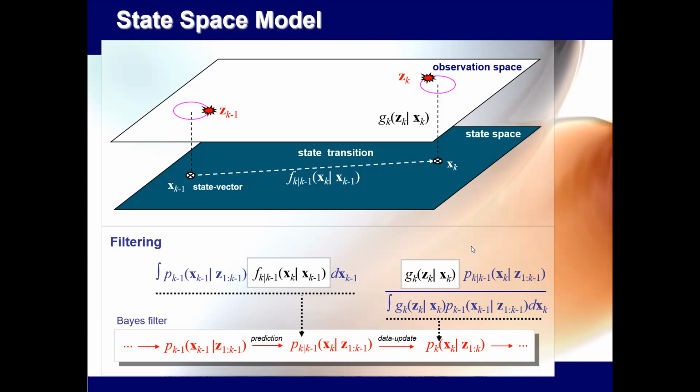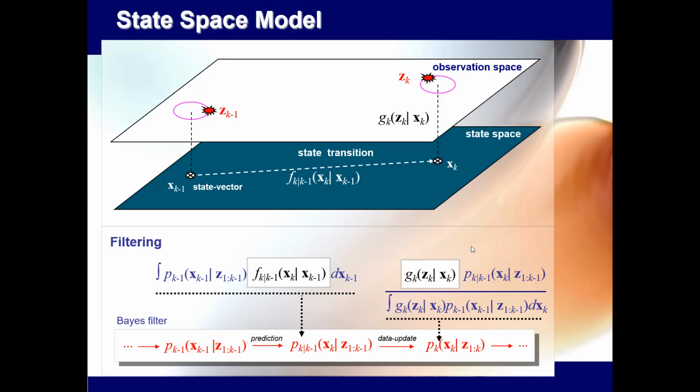Algorithm. So the right-hand side, the lower side, is Bayes rule. The simple Bayes rule means that you multiply the predicted PDF, the prior, by a measurement likelihood function, and then you divide it by a normalizing constant. That is Bayes rule: prior, likelihood, and normalizing constant.